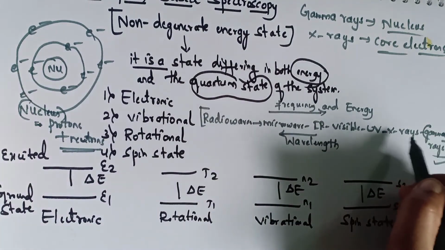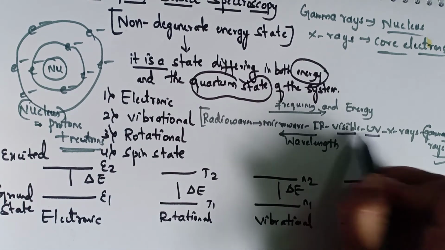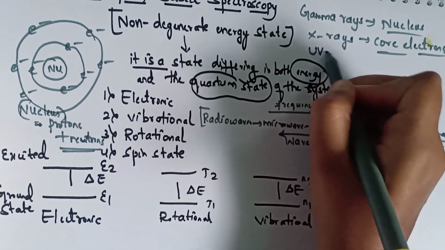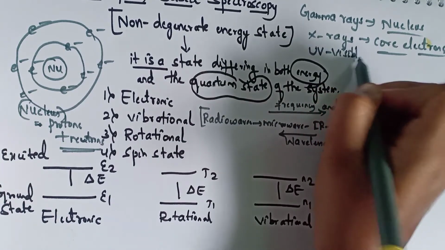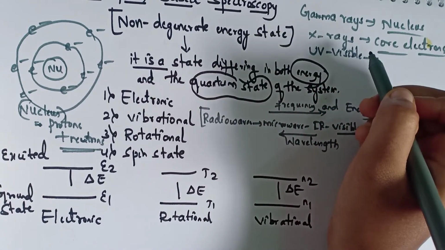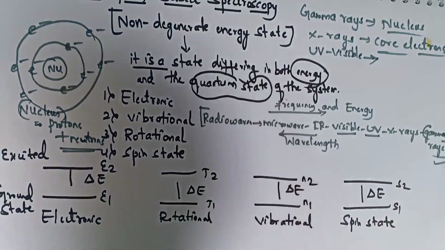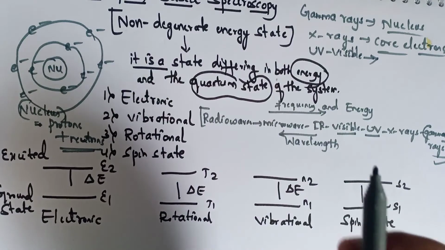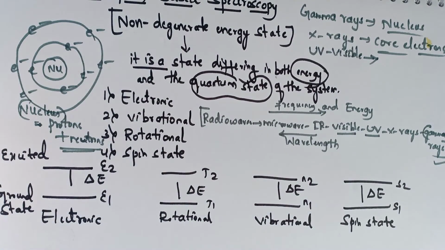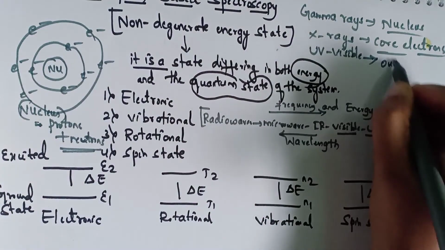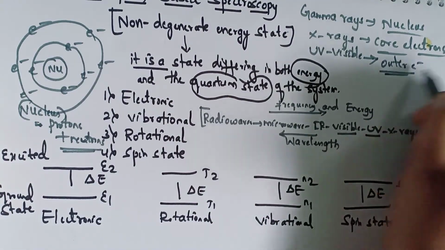See here, next comes the UV and visible rays. Coming to the UV and visible, the energy of these UV rays and visible rays is less than that of the X-rays and gamma rays. The radiation can reach up to the outer electrons, that is, the outer electron approach.